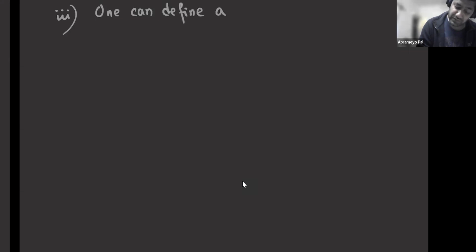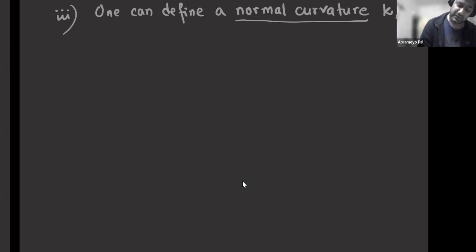And then the final thing we saw, in the section on normal curvature, is that one can define a normal curvature kappa n.